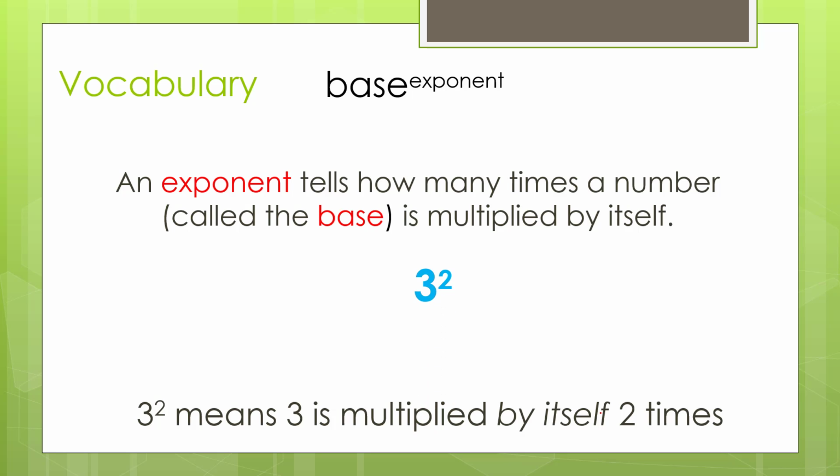Vocabulary. Base, exponent. An exponent tells us how many times a number, called the base, is multiplied by itself. So our base is always the value that has an exponential power. An exponential power is always that little raised number that is visible on an integer or number. Now, I say visible, but there are some that are not visible.